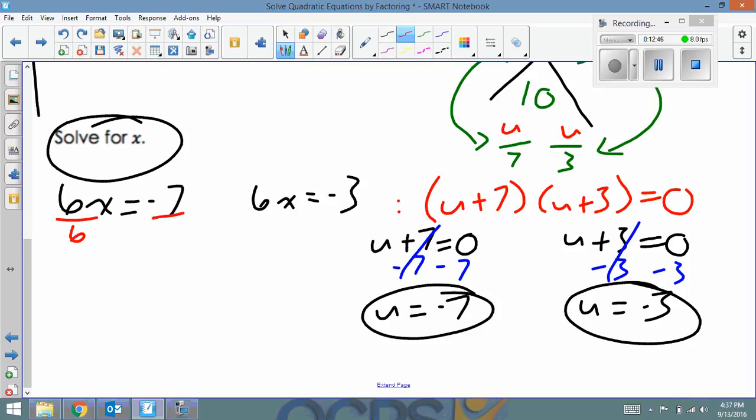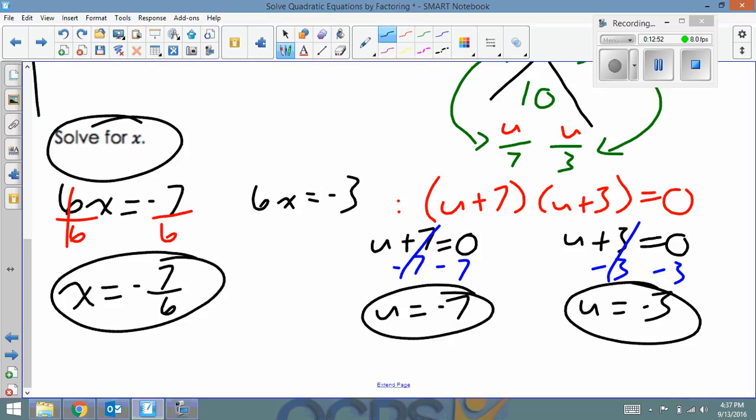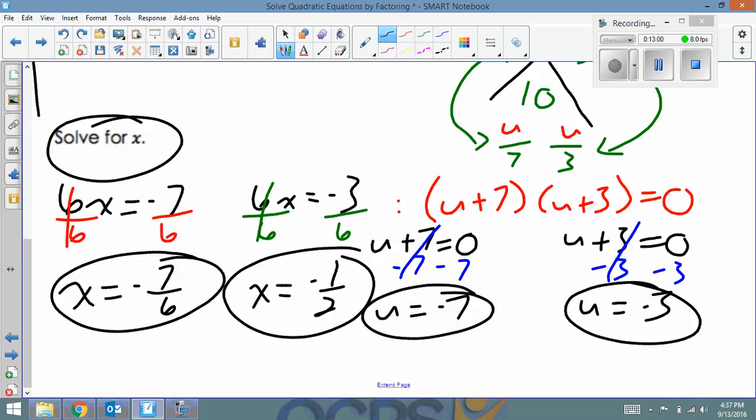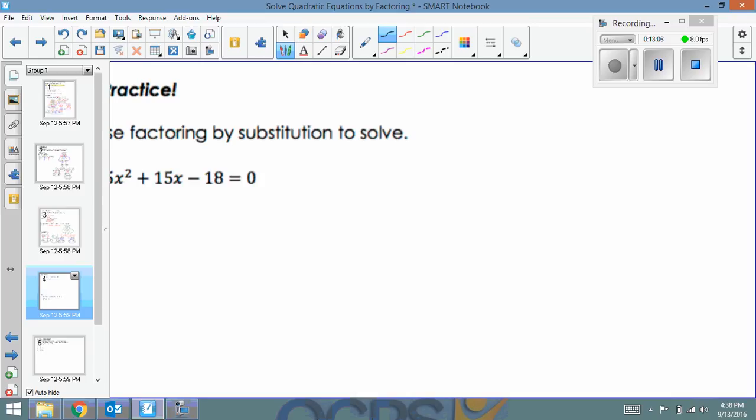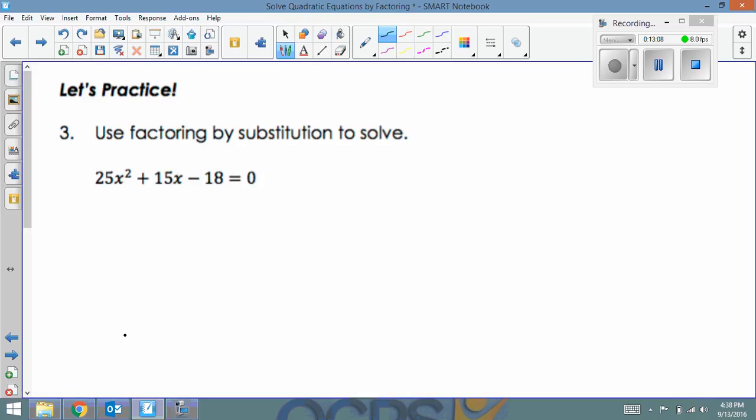Divide by 6 on both sides. So we know in this case, x is equal to negative 7 over 6. And then in this case, divide by 6. That reduces, so x could also equal negative 1/2. Remember, you should always get two answers for these. Okay, we got a couple more to go over with you, and then we'll be finished.